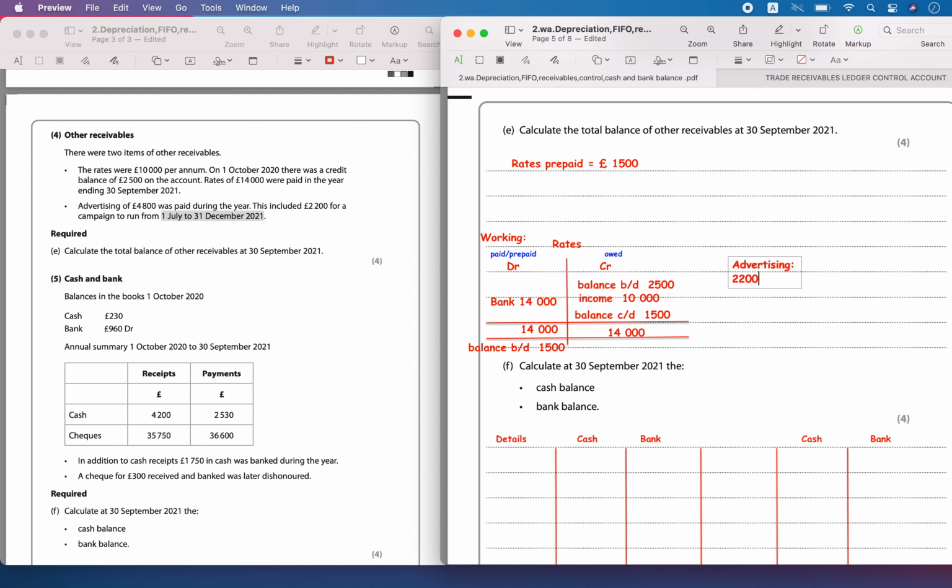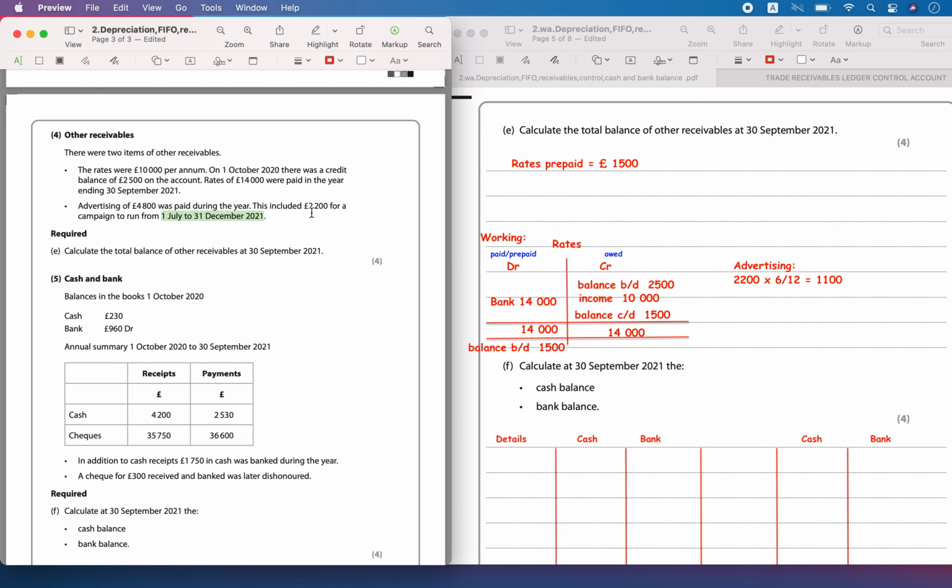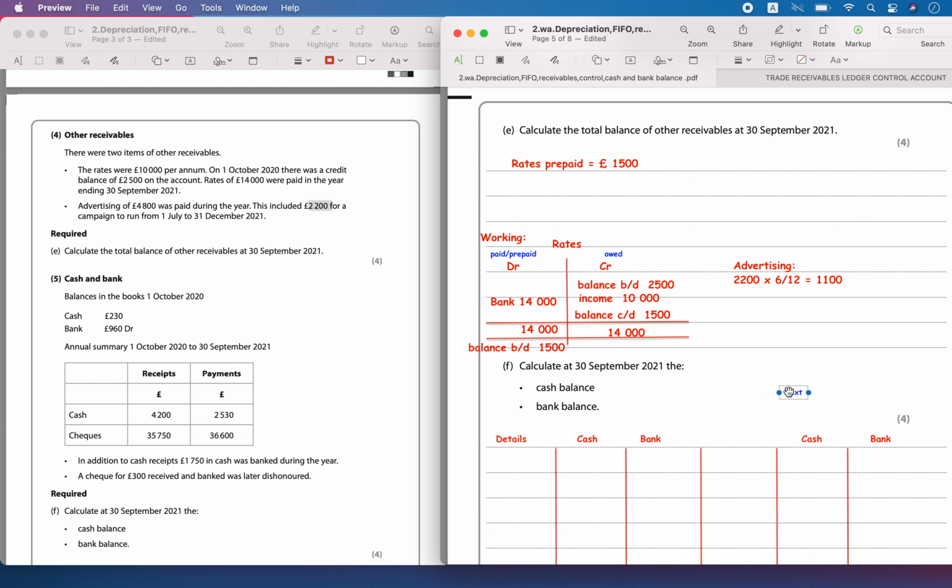So 2,200 for July to December is only for 6 months, so that should have been 1,100. But it included the entire cost, so 1,100 will become the prepaid for advertising.